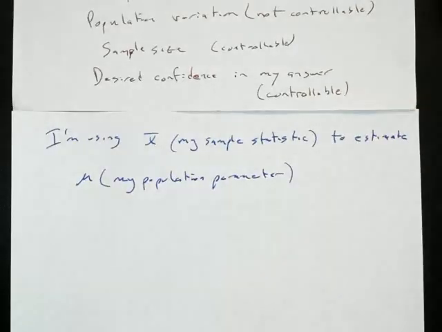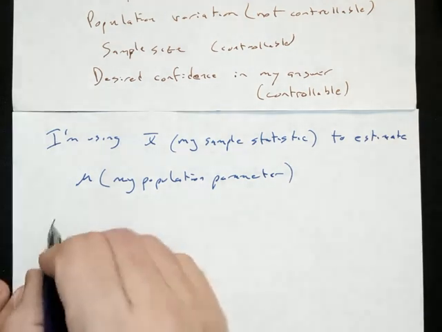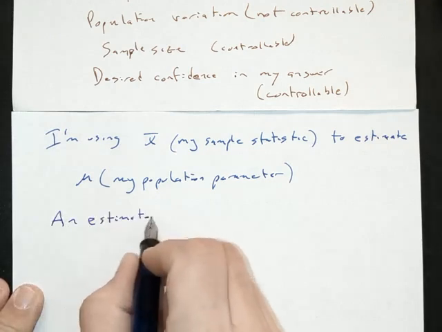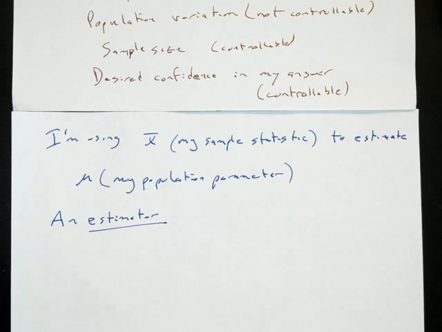In general, we talk about this as an estimator. Any sample statistic that we use to estimate a population parameter is an estimator. And the estimate is the value of our estimator.